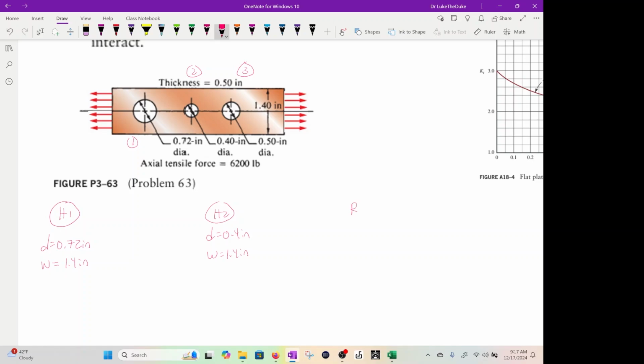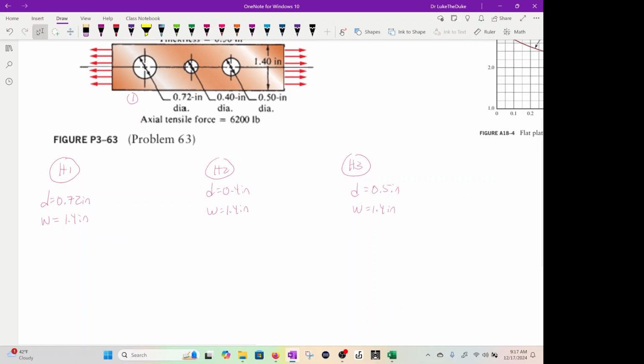And hole 3: D equals 0.5 inch, W is 1.4 inch. We need to calculate D over W, but we also need to know the thickness, 0.5 inch, and this F is 6,200 pounds. That's going to be the same for each hole.